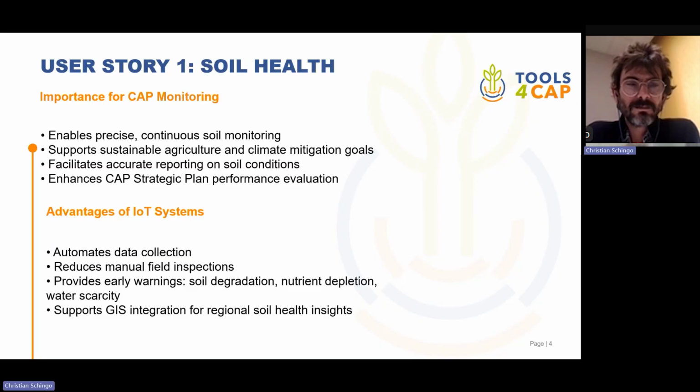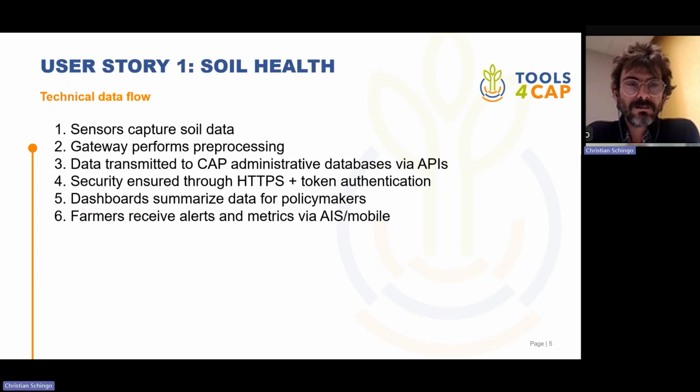What are the advantages of utilizing the IoT systems and the sensors? They automate data collection, and so we arrive at the second point: they reduce manual field inspections, as I said in the second slide. They can also provide early warnings on soil degradation, nutrient depletion, and water scarcity, and support GIS integration for regional soil health insights.